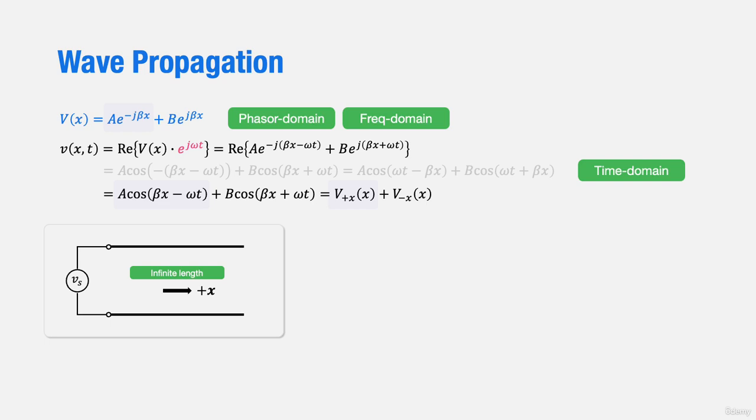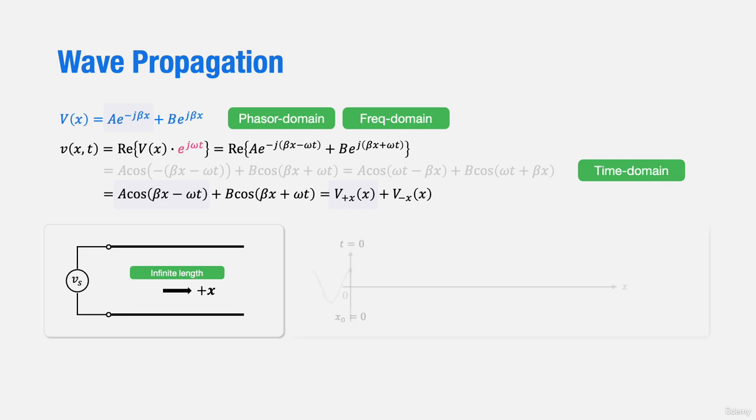For now, let's consider only the first term, a times exponential to negative j beta x in v of x, which corresponds to a times cosine beta x minus omega t in v of x comma t.